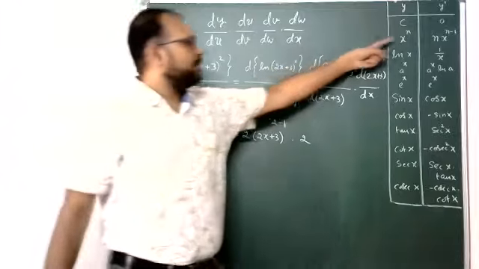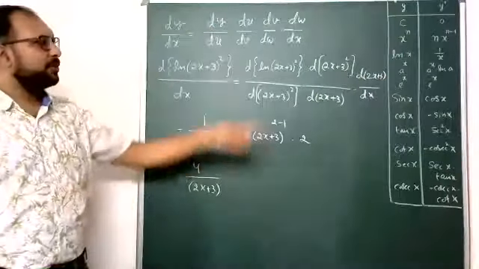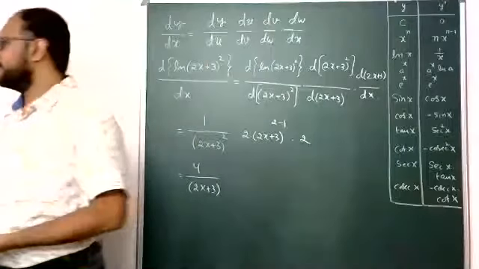Yes, so here x to the power of n one example over, ln x 2 examples over. Next I will give a to the power of x also. First take this.